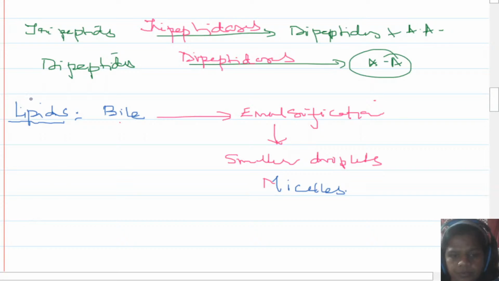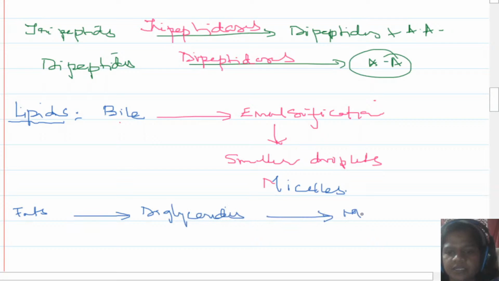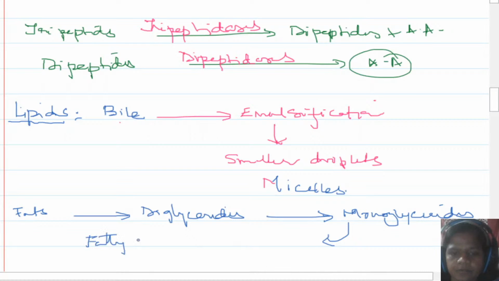So, fat droplets are acted upon by lipases to diglycerides, monoglycerides, to fatty acids and cholesterol. This is the end product of fat digestion.